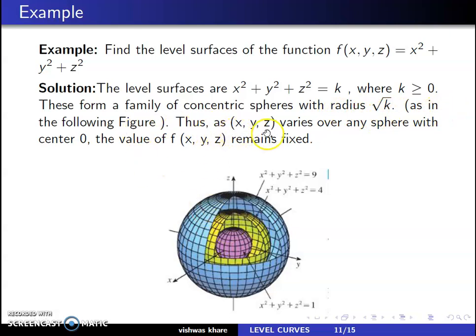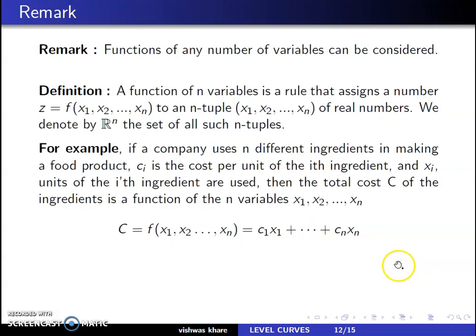Thus, as (x, y, z) varies over any sphere with center 0, the value of f(x, y, z) remains fixed. Here you can see these spheres. In particular, the equation of this sphere is x square plus y square plus z square is equal to 9. Similarly, the equations of other spheres are also given over here.